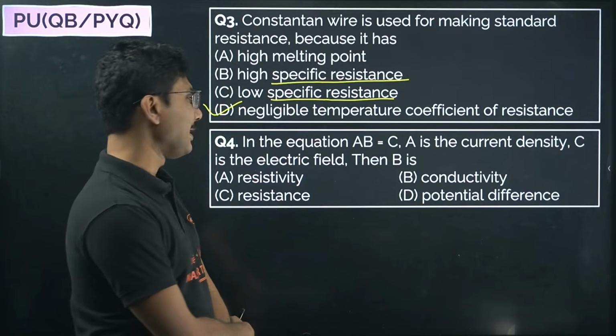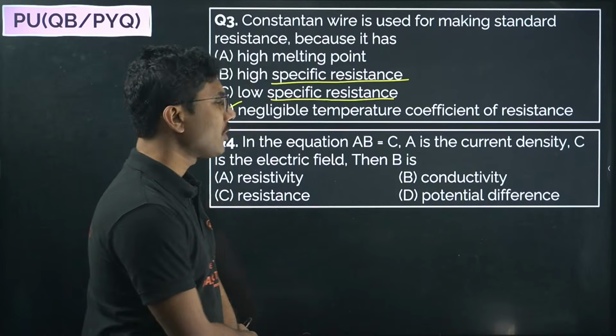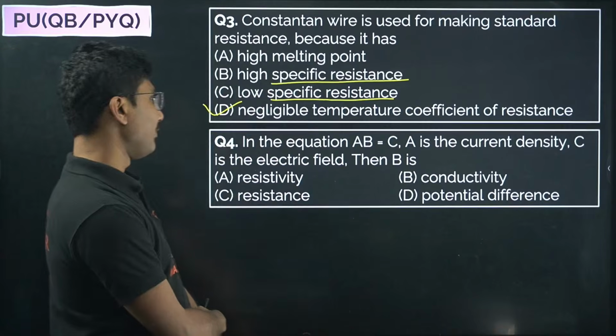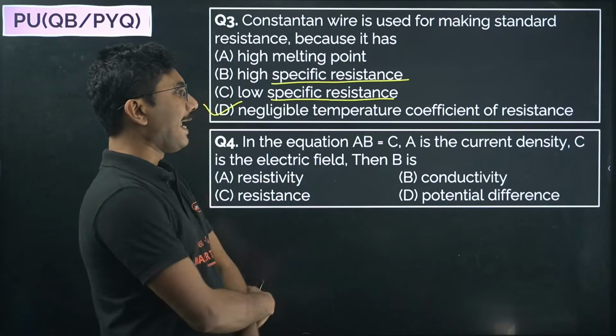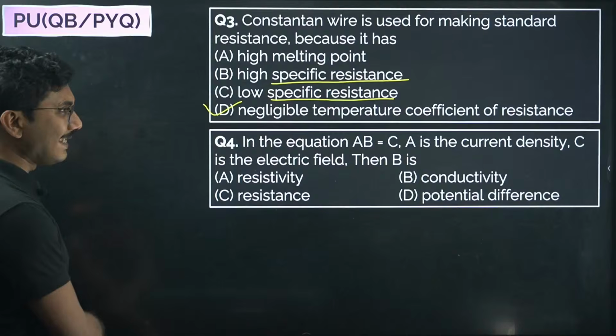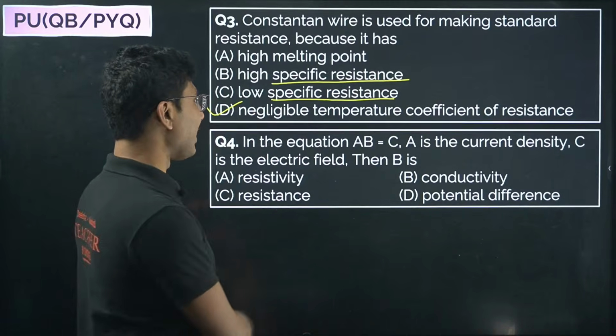Then what is B? Resistivity, conductivity, resistance, potential difference. Very simple. In the equation AB equals to C, A is the current density, C is the electric field, then what is the value of B?